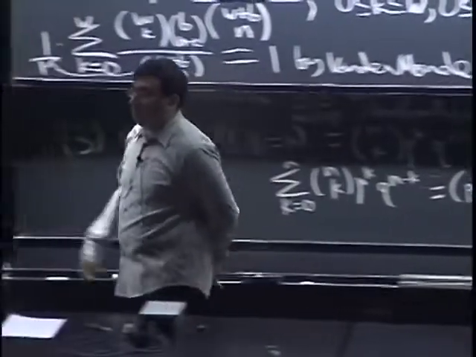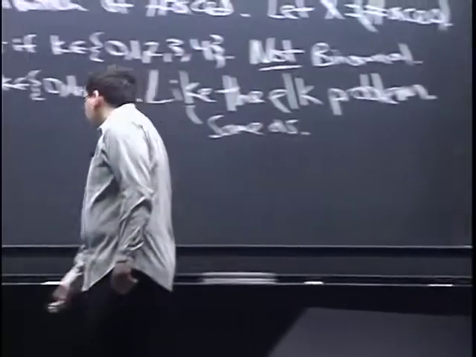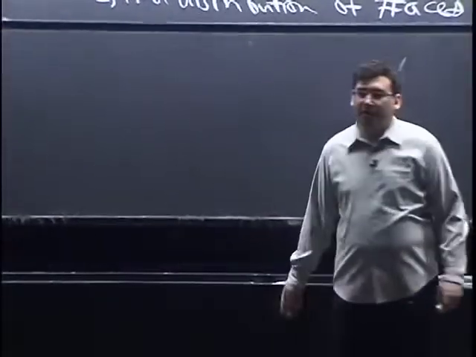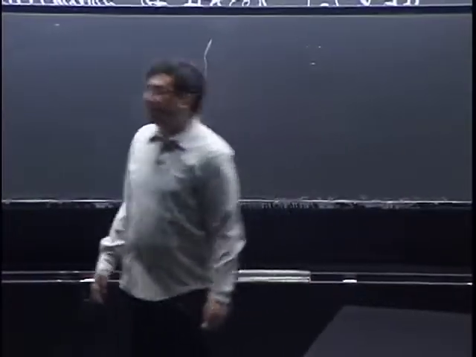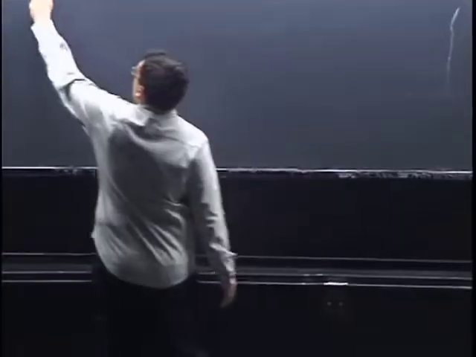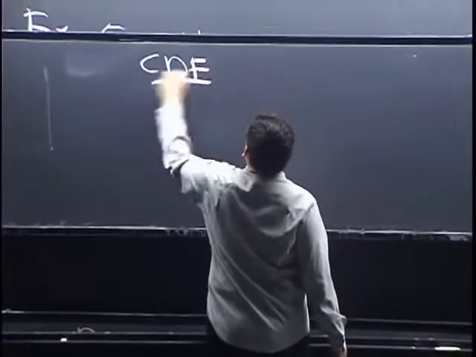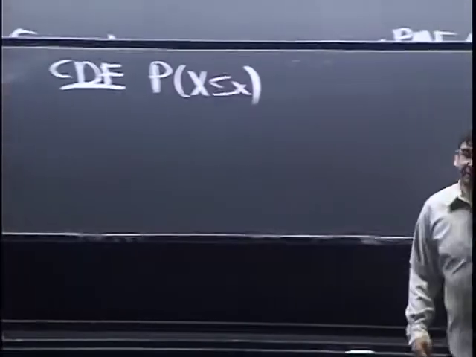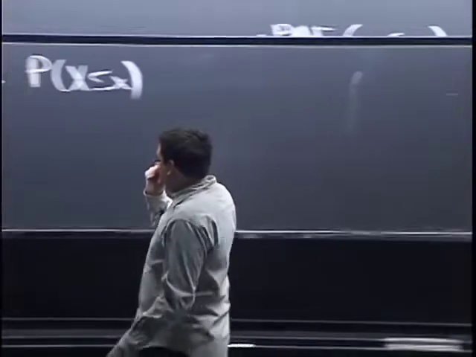Okay. One last thing, just to talk a little bit more about CDFs. I just want to draw a picture of what a CDF might look like. So CDF, remember that's the probability that X is less than or equal to little x. Now it could look continuous, or discrete.